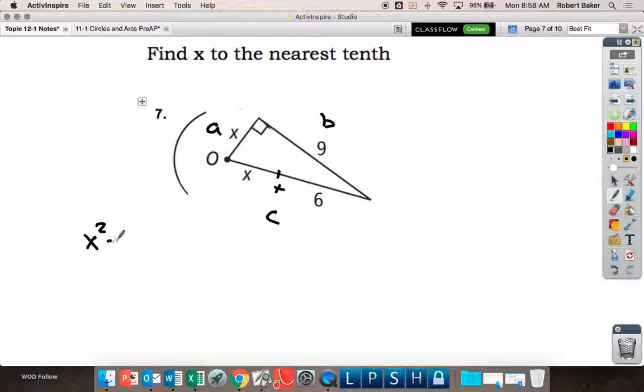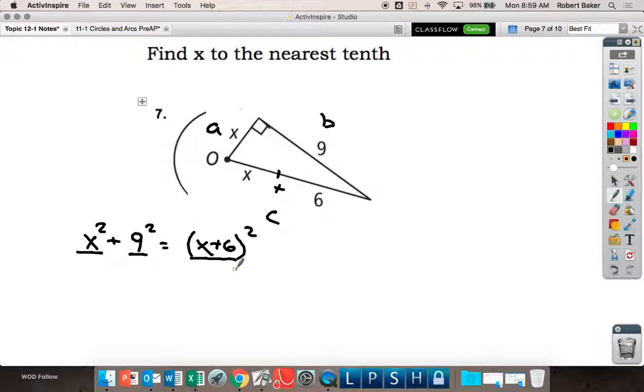A squared plus b squared equals c squared. Yes. Please, please, please be careful. It is a squared plus b squared equals c squared, not x squared plus 6 squared.